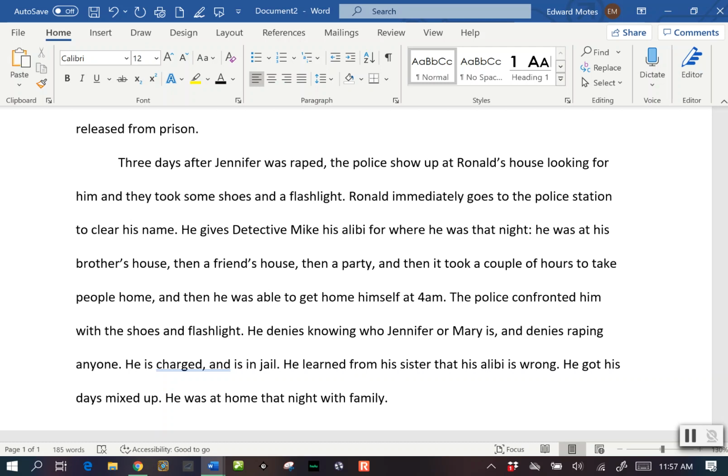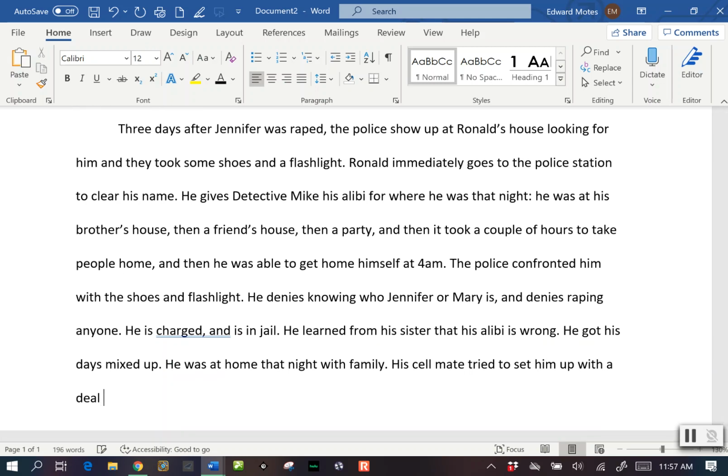All right? We do learn that his cellmate tried to set him up with a deal for a lesser sentence/charge for his own crimes. Okay, that's at the bottom of page 88.